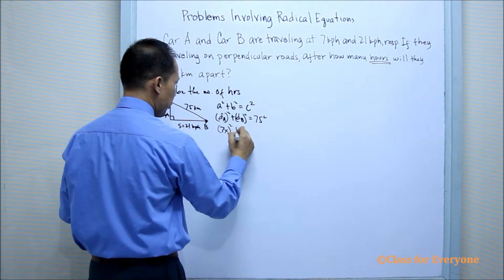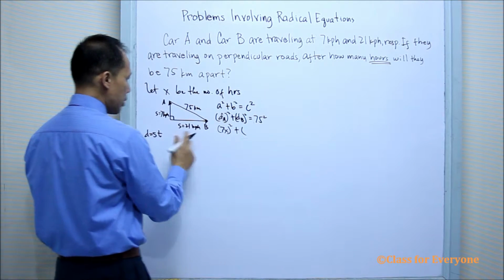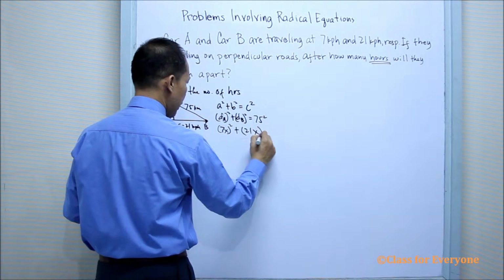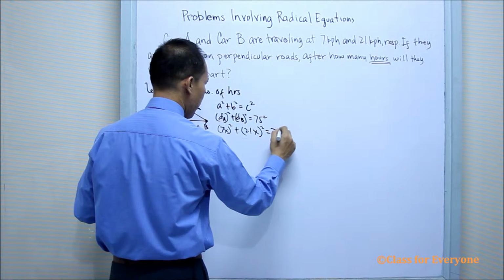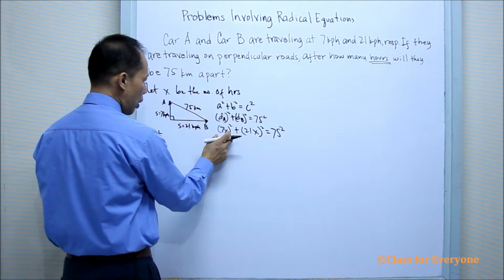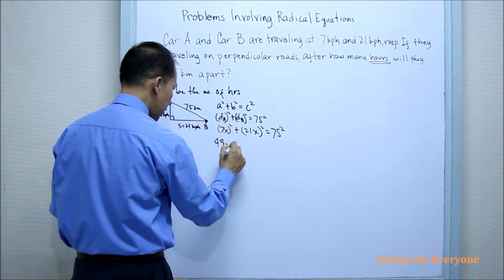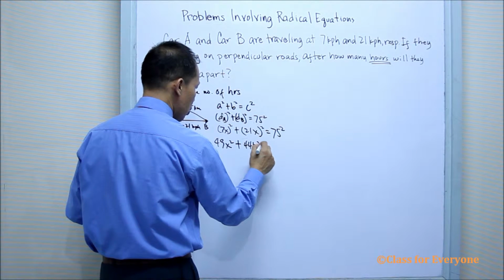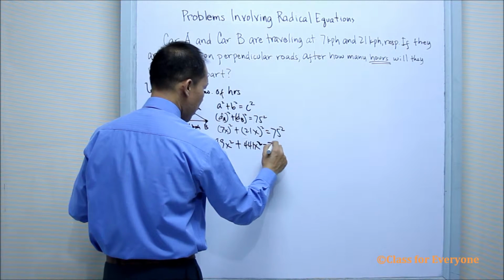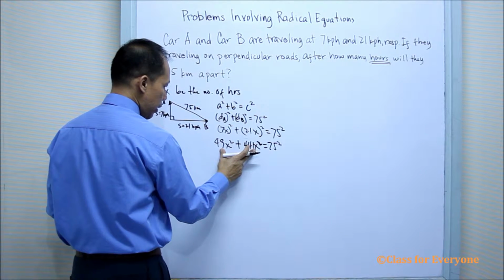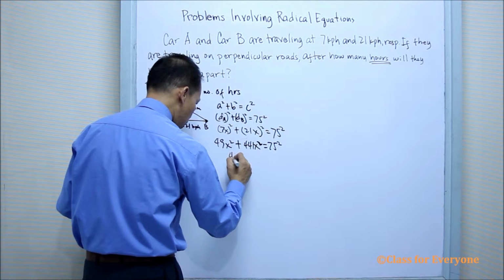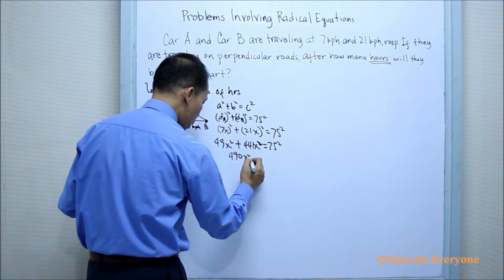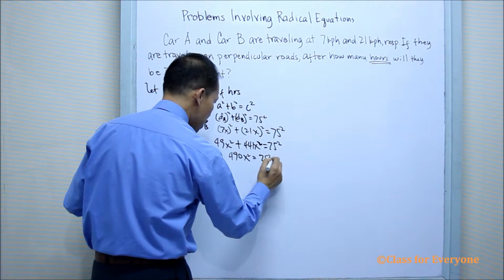So 7x squared, plus the distance 21x, squared also, equals 75 squared. Now squaring this, we have 49x squared plus 441x squared equals 75 squared. Combining the two terms, we have 490x squared equals 75 squared.